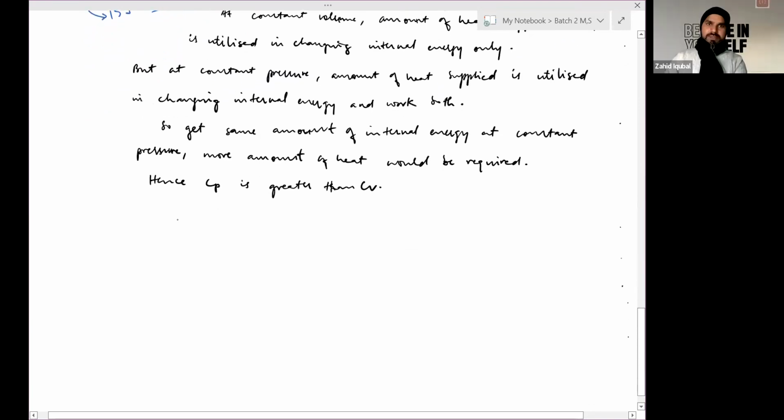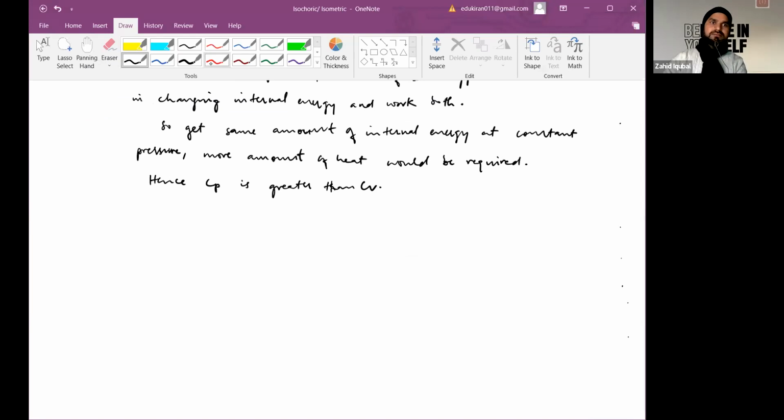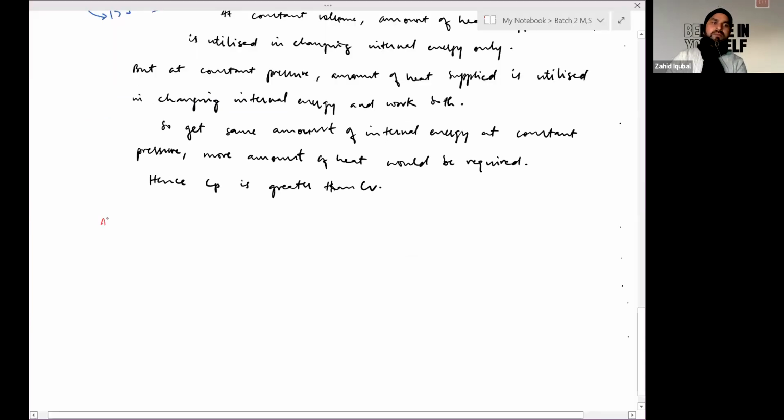So let me define you this particular entire relationship mathematically. At constant volume, dq equals du and should be equal to n times Cv dt. Let's say this is equation first.